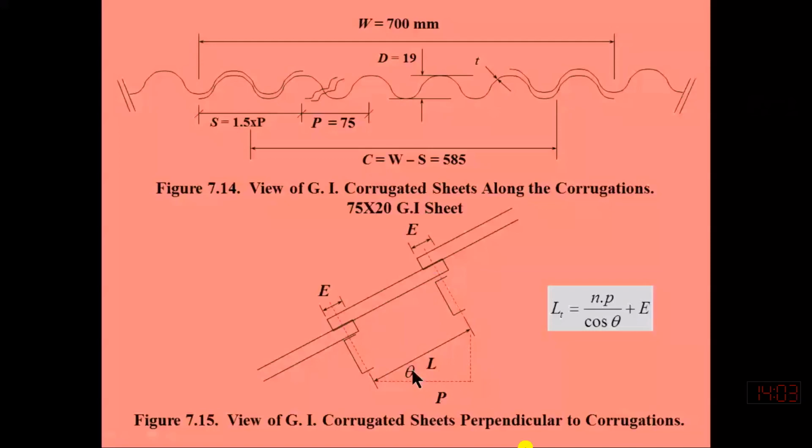But this length is the distance from this center to this center. Just like the side lap, we also need to provide some end cover. We have to provide the overlap along the length also, which is referred to as the E value, or end cover.